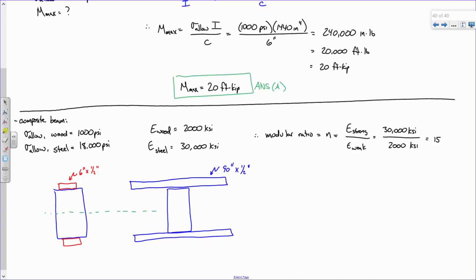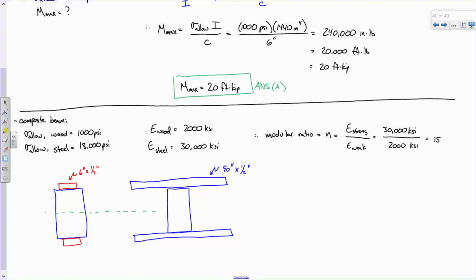What I want to do is replace this with a component made of wood that generates the same moment. Now the way it generates the same moment arm is we keep it the same thickness, because from here to here is the same distance from here to here. But how do we generate the same force? We increase the width 15 times. So if we do that up here, we have to do that down there. That's a good question. Everybody okay with that?